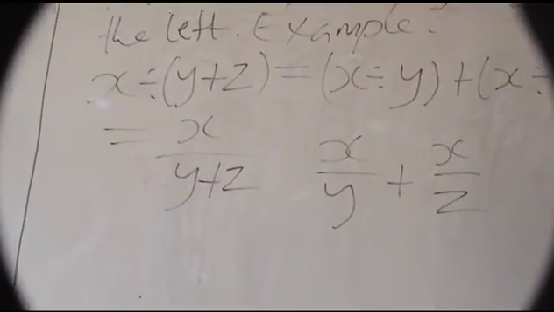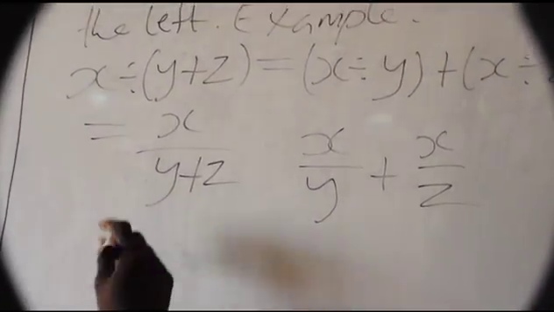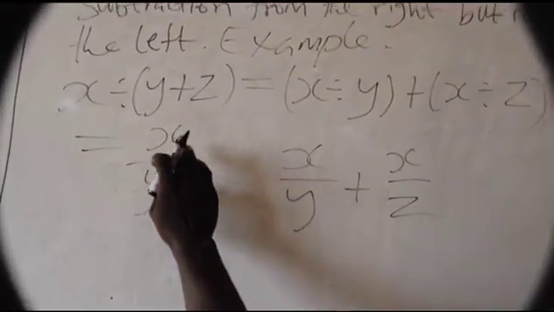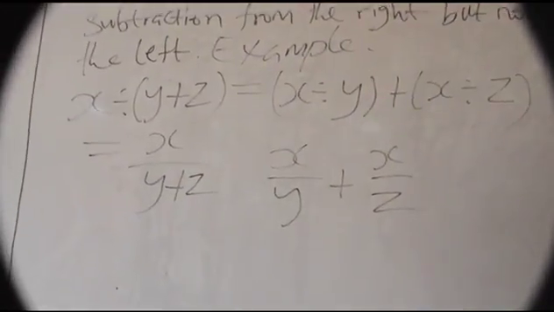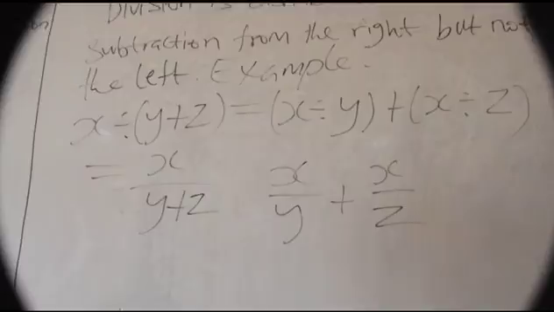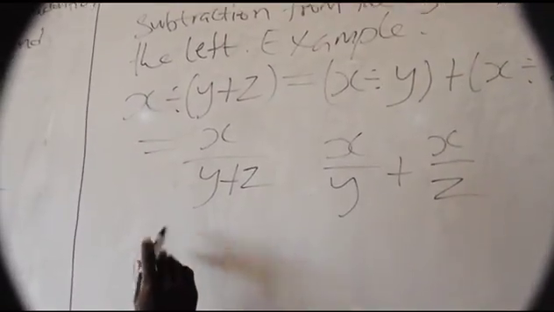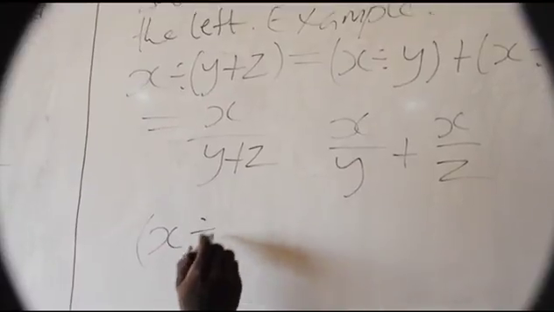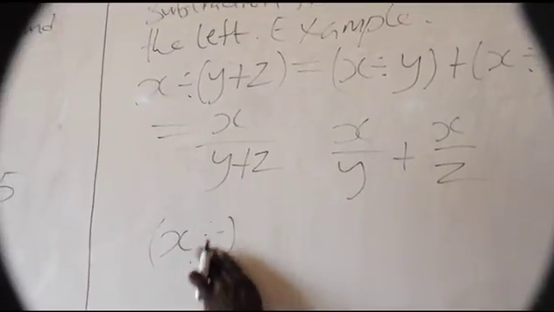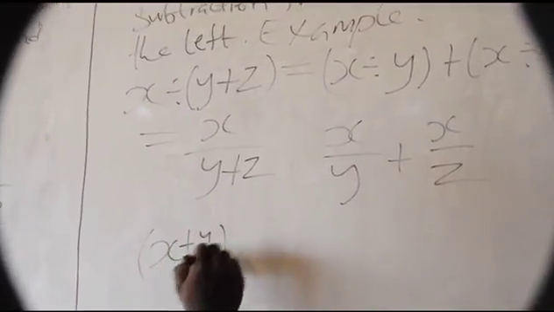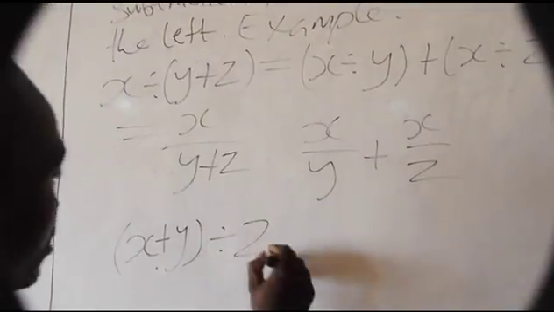So you will see, if you look at this now, that what we have here is not supposed to be equal. But let's look at the right hand side. (x plus y) divided by z.